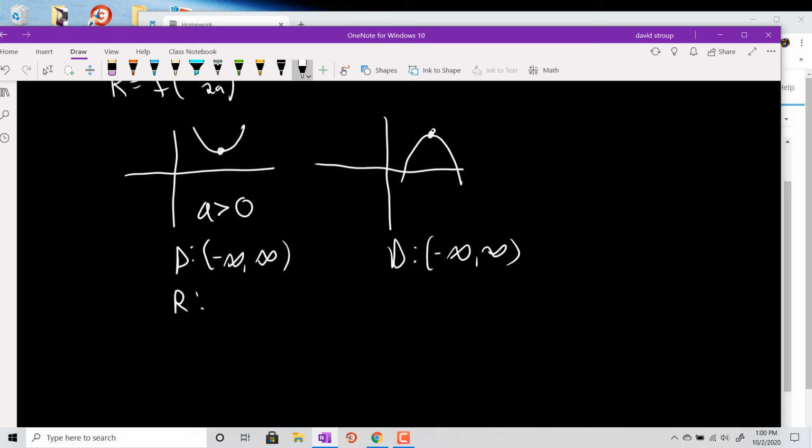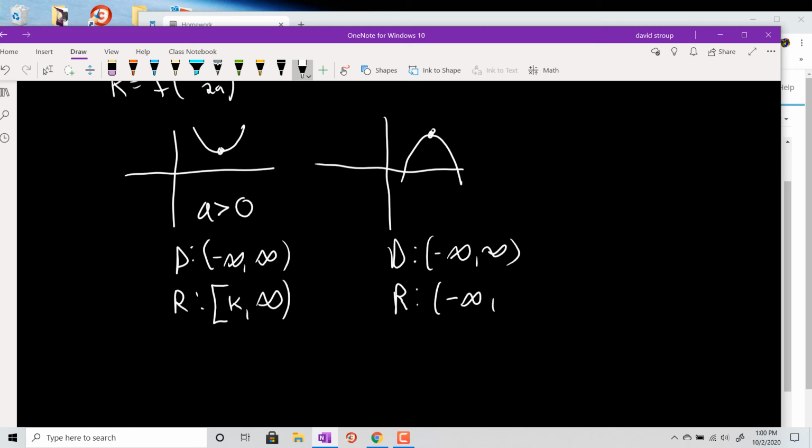So in the first case, it's going to go from the y coordinate of the vertex to infinity. So you could say our y coordinate is k, right? So let's put k to infinity there. And in the other case, it's negative infinity to k.